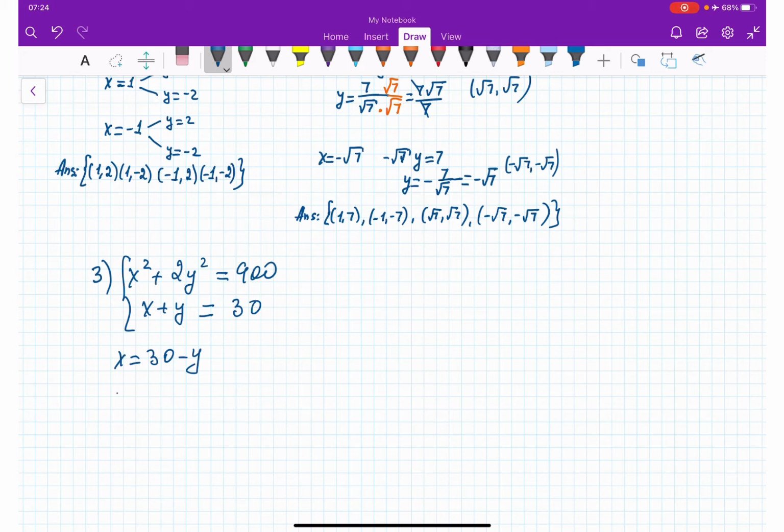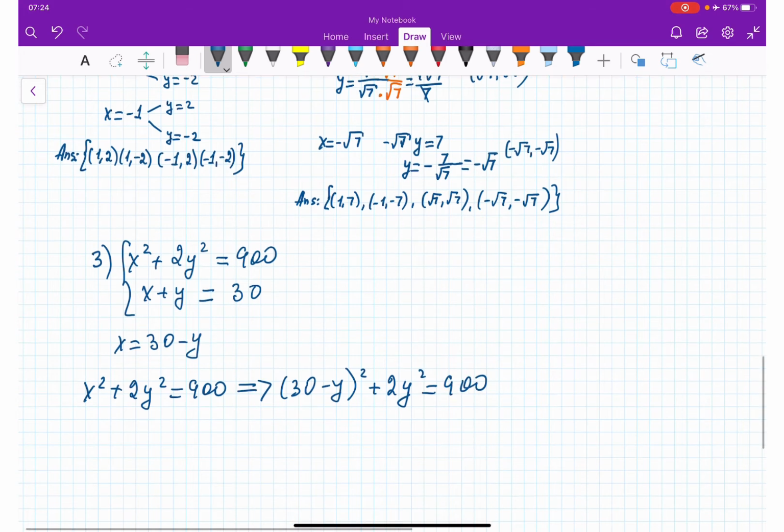Okay, let me write down the original one so you can understand maybe better. x squared plus 2y squared equal 900. And from here, I'm writing down (30 minus y) squared plus 2y squared equal 900. Okay, this would be much better, huh?